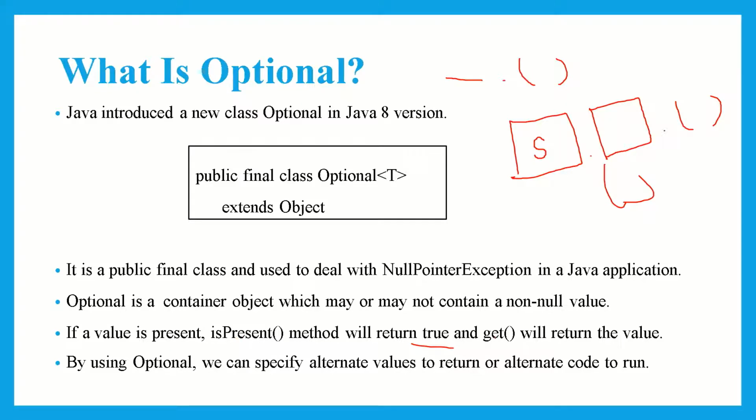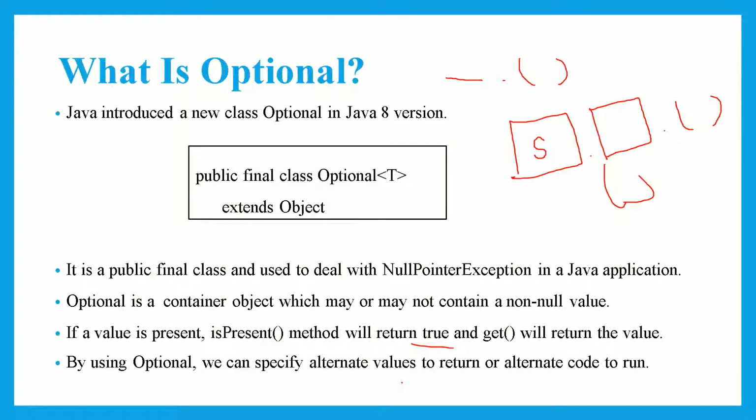If it is present, then only we get the value. The method get is used to get the value. By using Optional, we can specify alternate values to return or alternate code to run. So not only can you check if it is present and then get the value, there are many other methods also, like ifPresent, to decide what we want it to do next.